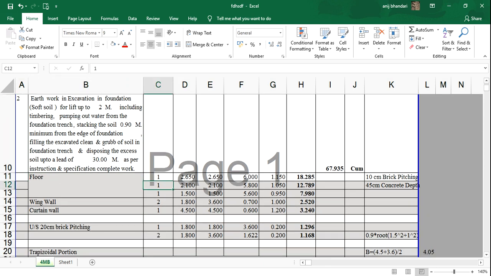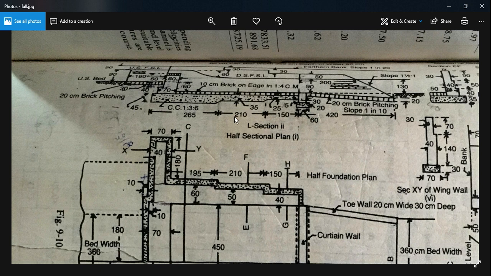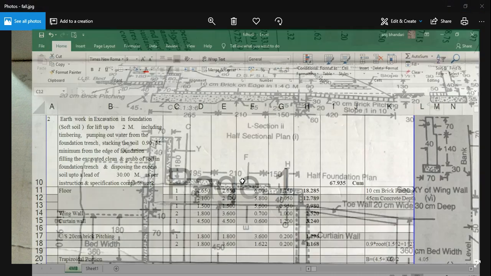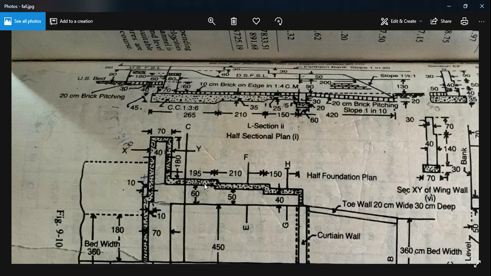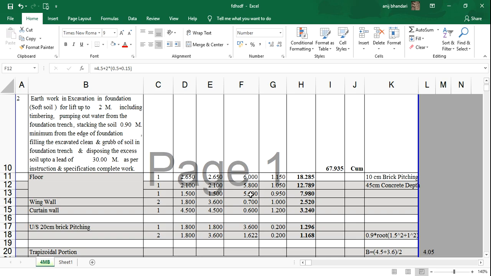Then after that comes the other length, 2.1. For 2.1 length, the only thing that would vary is, instead of 60 centimeter width, the width reduces to 50. That's all. So I'll just have the 60 changed to 50.